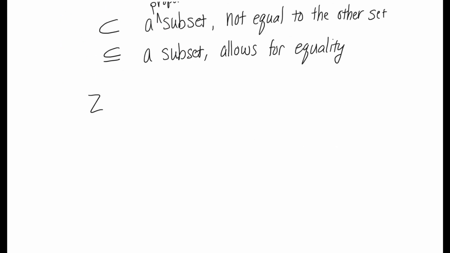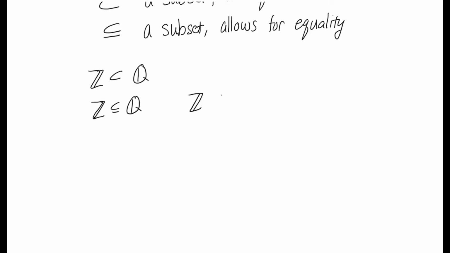I am allowed to say that Z is a proper subset of Q because clearly they're not equal. Q has more elements in it. I can say that Z is a subset of Q. I can say that Z is a subset of Z if I use the symbol with the line under it, the subset symbol. But what I cannot say validly is Z is a proper subset of Z.